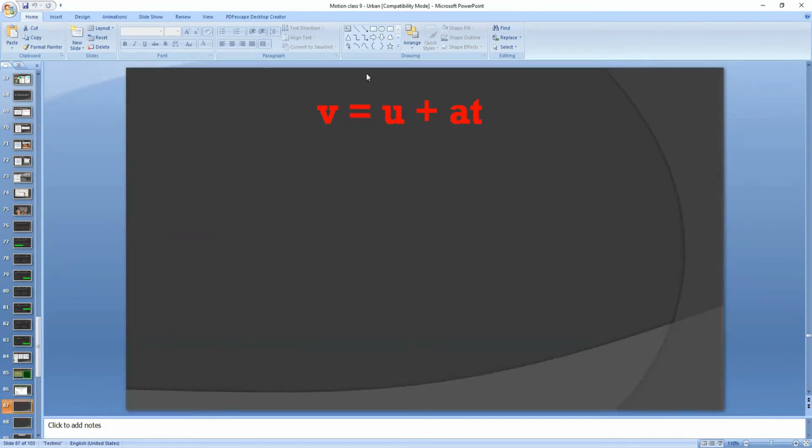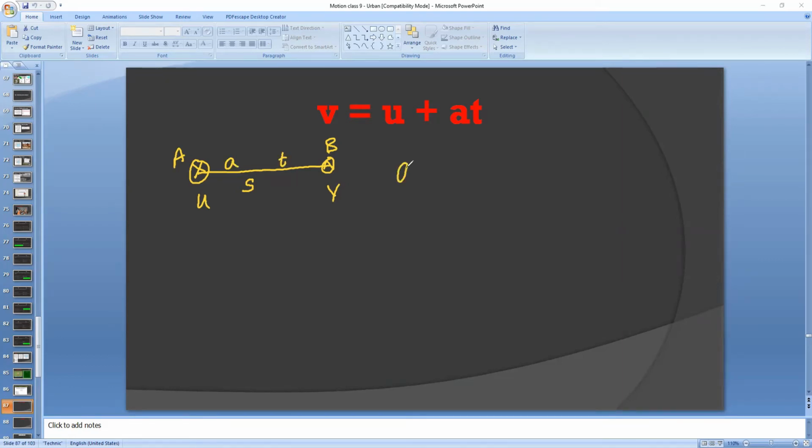First one is v = u + at. How to derive? An object at point A started with initial velocity u and reached point B with final velocity v. Now, the distance between A and B, let's say it's s, and the object traveled with acceleration a in time t.